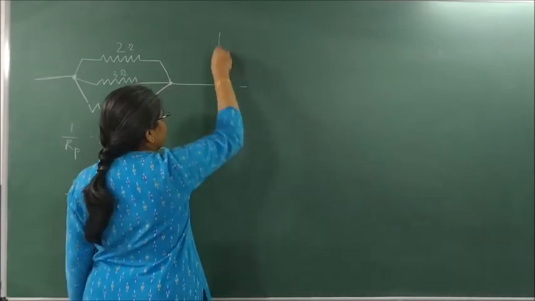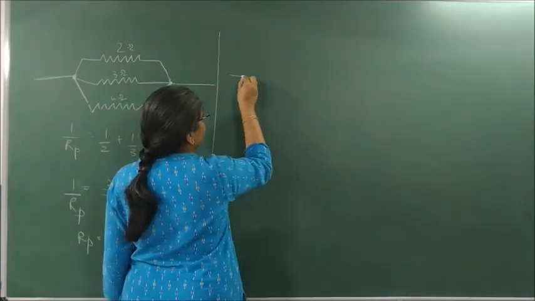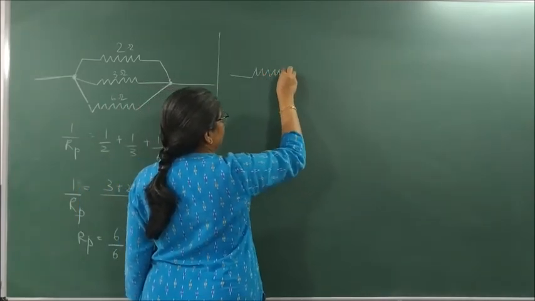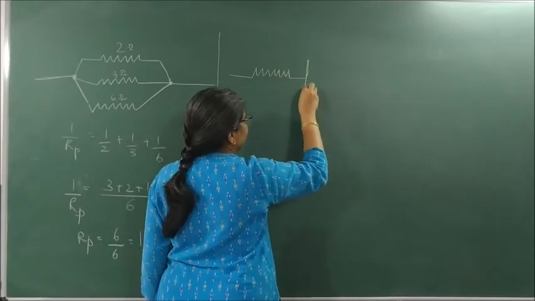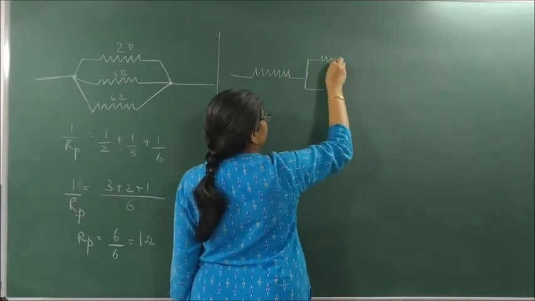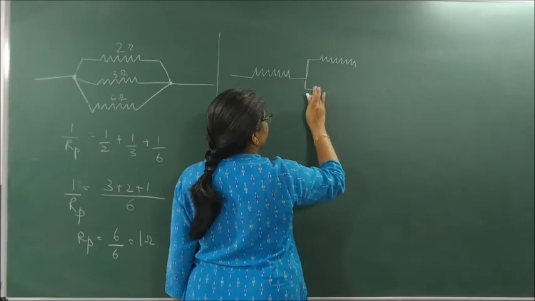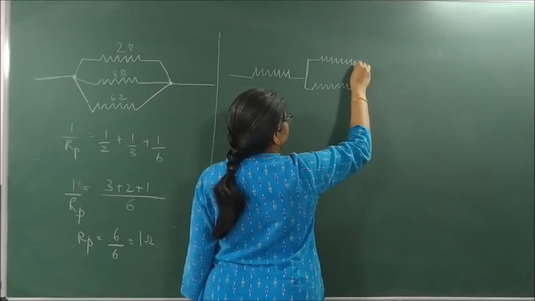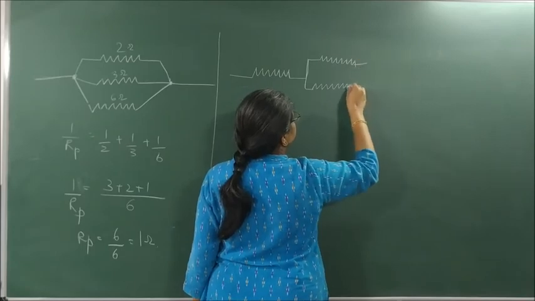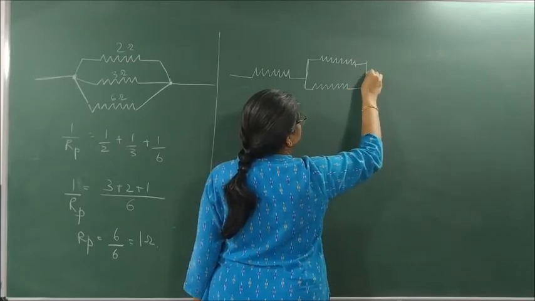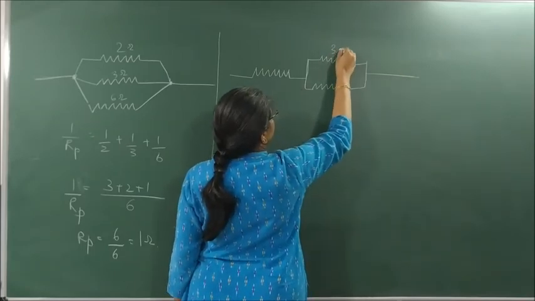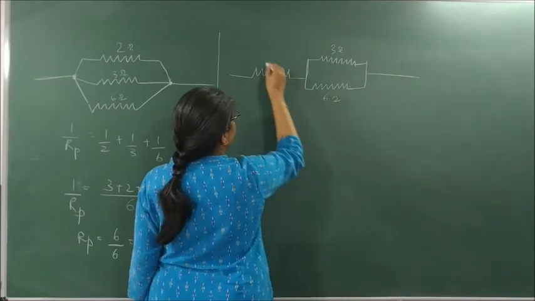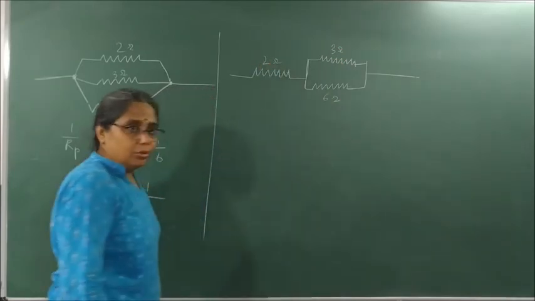So the second part of the diagram will be like this. This is my 2 ohm resistor, connected in series with 3 ohms and 6 ohms in parallel.